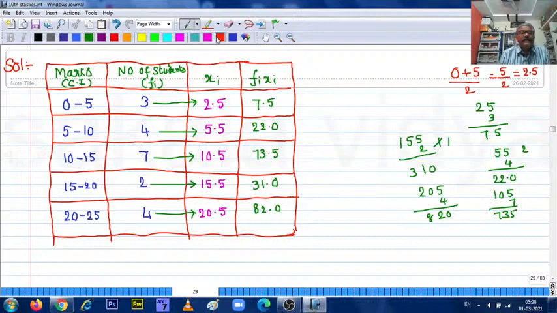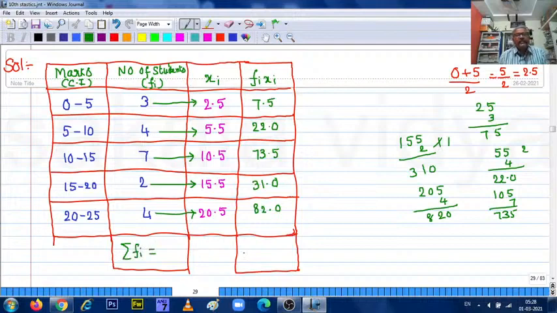Now just extend this box and this box also. So the second column and last column we need to extend. Here we write sigma Fi, the sum of the total frequencies, and sigma Fi Xi. So let us add here. 3 plus 4 is 7, 7 plus 7 is 14, 14 plus 2 is 16, plus 4 is 20.